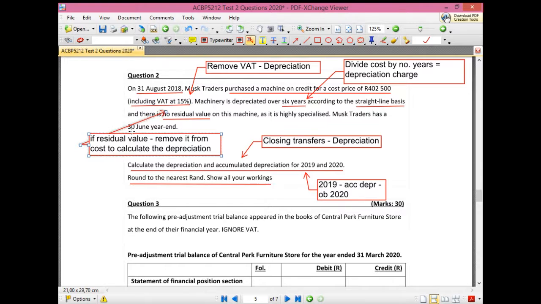Okay, and they tell us our year end is 30 June. Okay, so that means if our year end is 30 June, how many months have we had this vehicle for in the first year that we've purchased it? Year one, how many months?